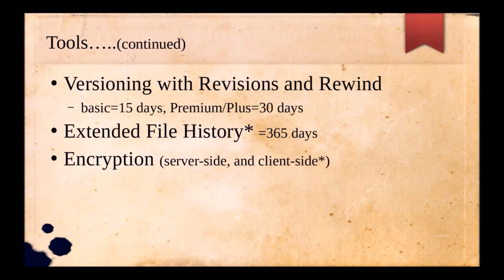pCloud also provides encryption. When your files are up in the cloud, they are encrypted and nobody sees what they are. Nobody can access them. However, they do have a program or a service that you can purchase for encrypting on your computer before it goes up. Now, the only problem with that is if you would ever forget the encryption password for the client side, you aren't going to get anything open again.